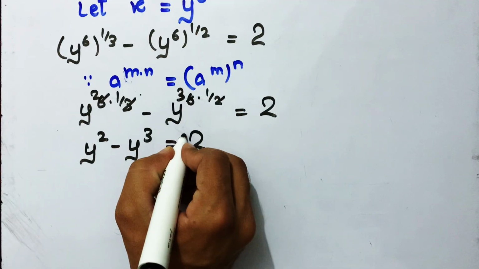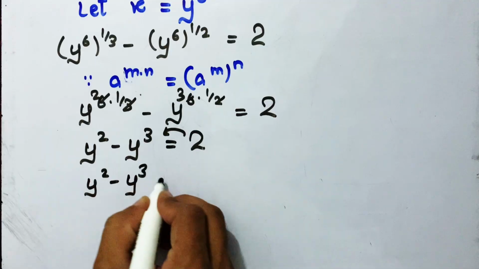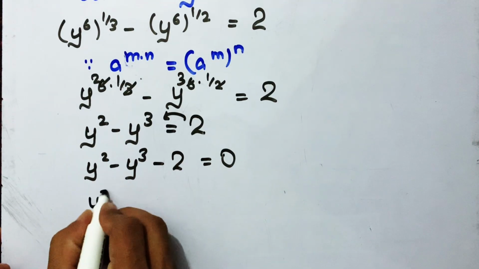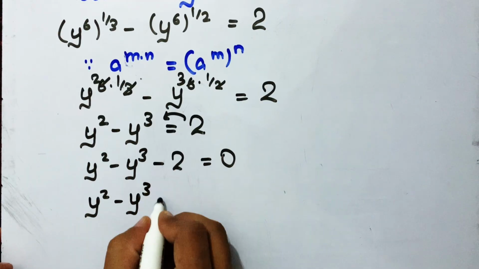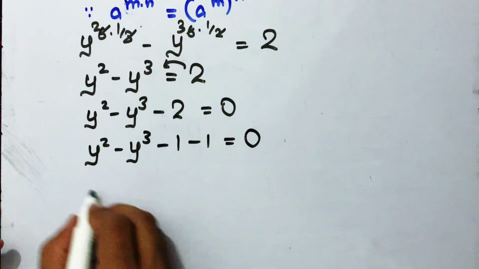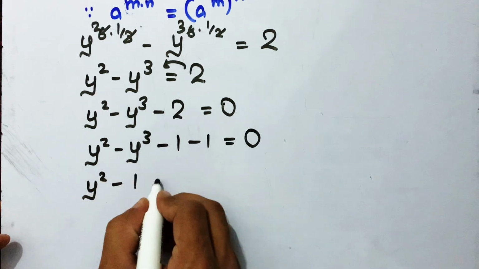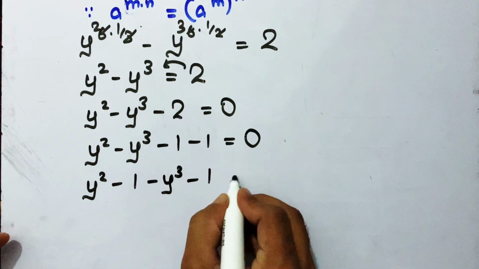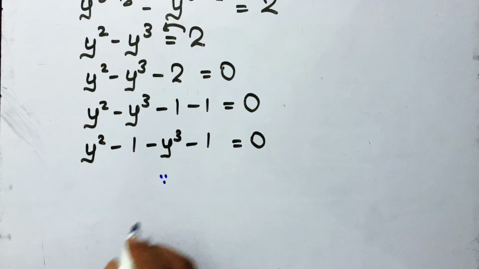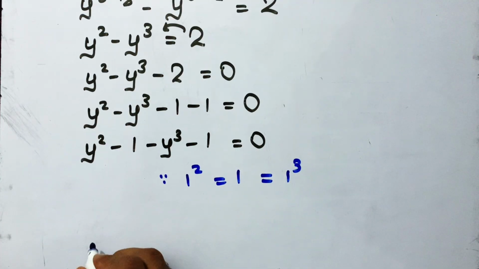So this term, negative, goes to the opposite side, meaning positive. y square minus y cube minus 2 is equal to 0. Y square minus y cube minus 1 minus 1 is equal to 0. So y square minus 1 minus y cube minus 1 is equal to 0, as I consider that 1 square is equal to 1 is equal to 1 cube.